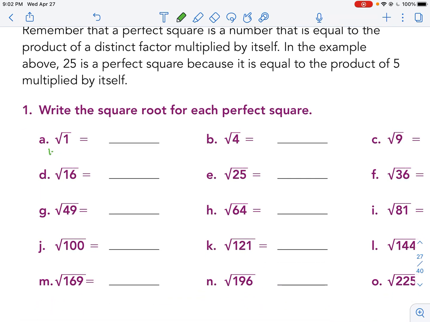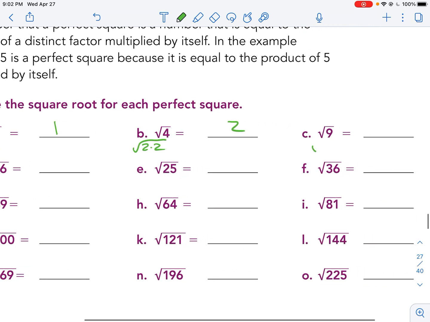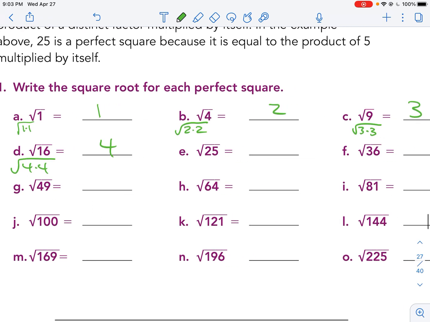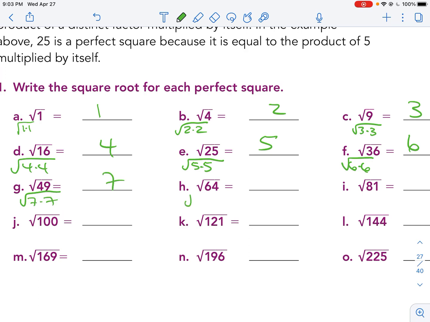So, the square root of 1. Well, that's the same thing as 1 times 1. So 1. This is the same thing as 2 times 2. It's 2. This is the same thing as 3 times 3. 3. This is the same thing as 4 times 4. 4. Same thing as 5 times 5. That's 5. 6 times 6. 7 times 7. 8 times 8.